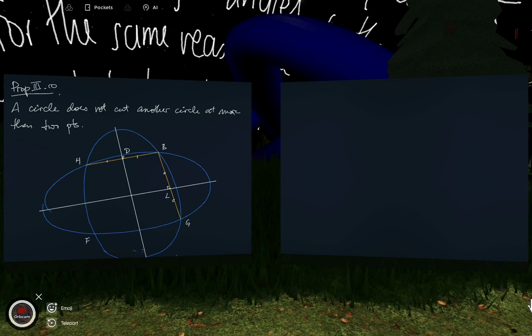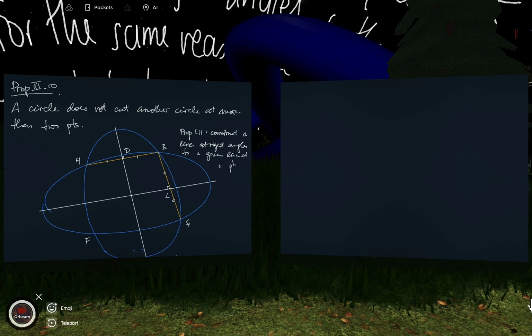The proposition that allows us to do this was referenced: proposition 1.11, construct a line at right angles to a given line at a point.